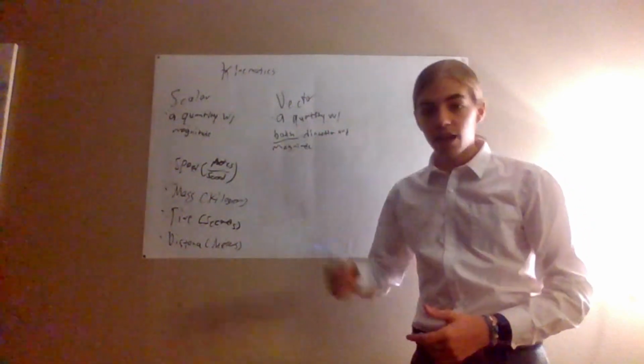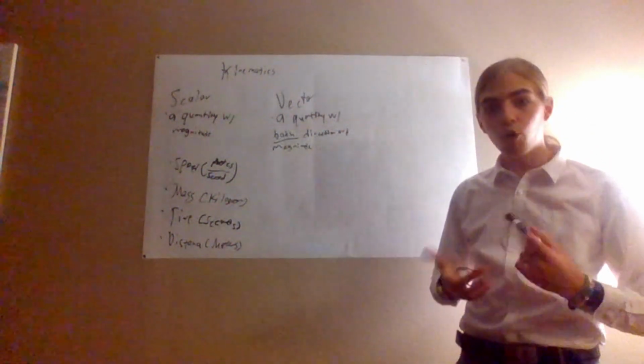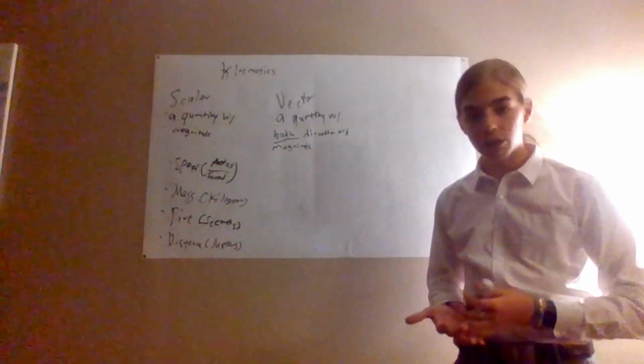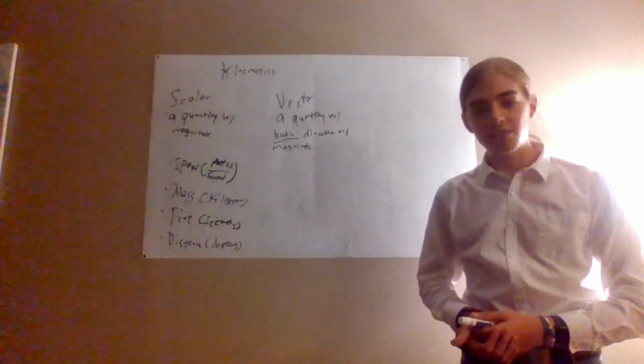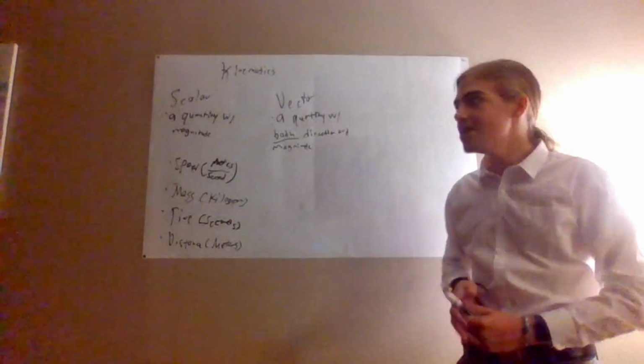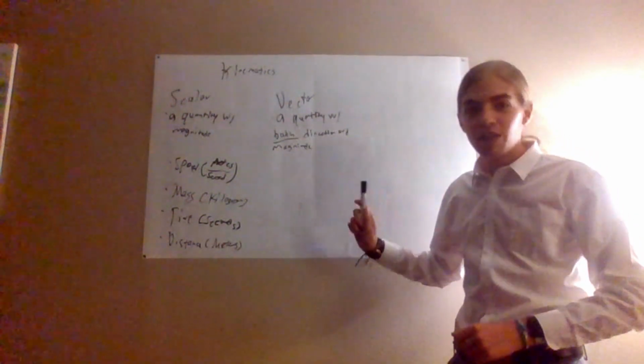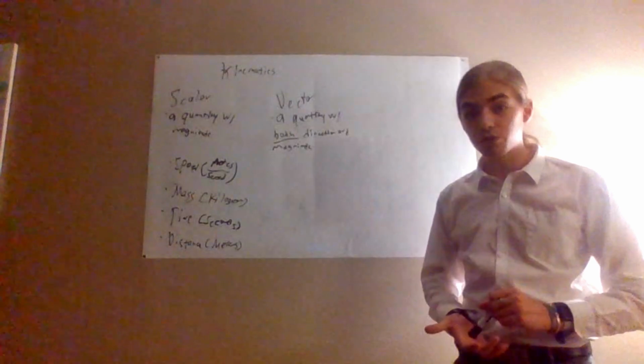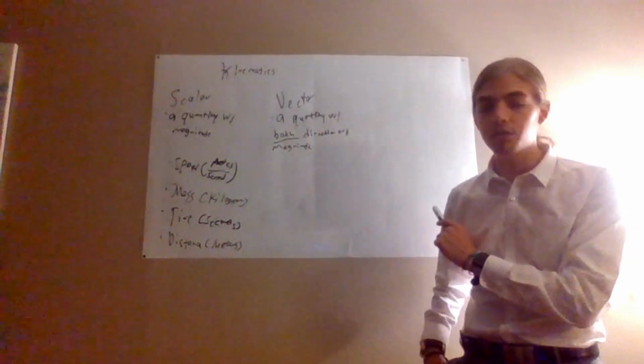A vector always has a direction. If you don't include your direction, you're given a scalar, and that's useless. And it's really bad form to answer your questions without including your direction.